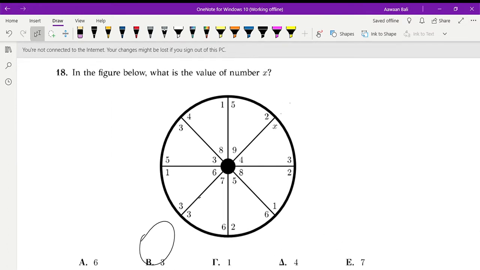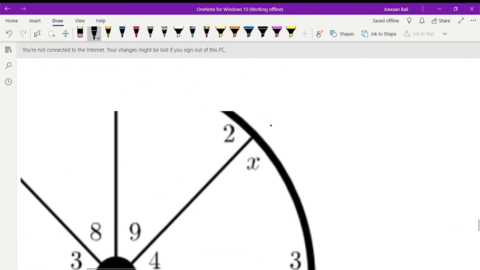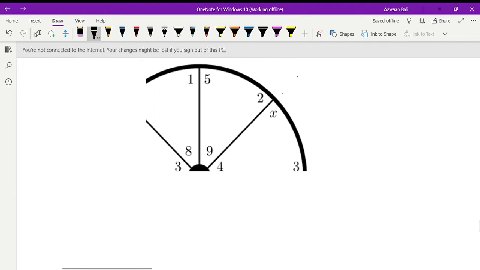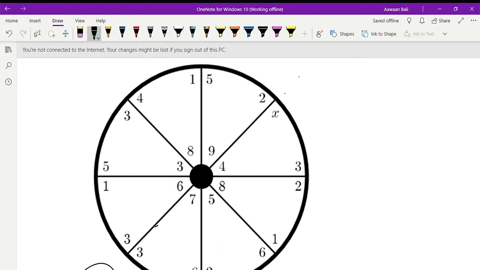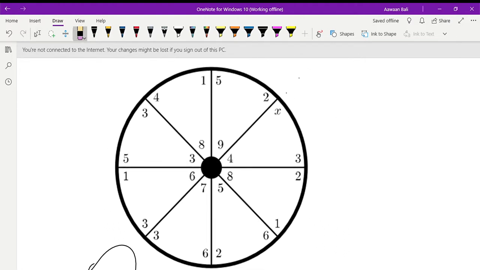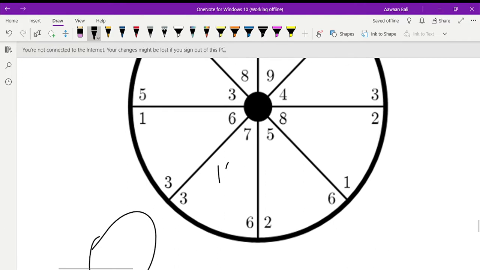In the figure below, what is the value of the number x? Now, if you can see, x is here in this corner of what looks like a piece of a pizza. There has to be a pattern to all of these. In this case, the pattern is adding the sum of all of them together, because these are the sums.